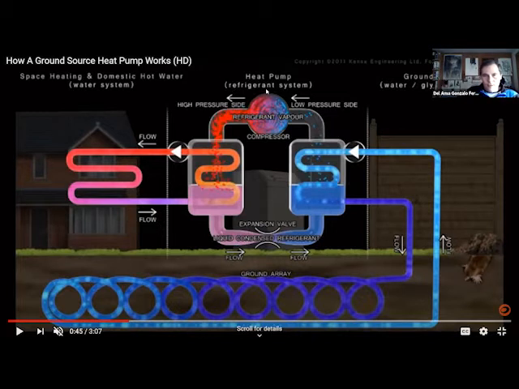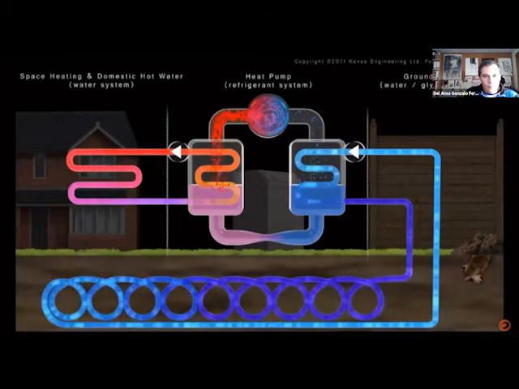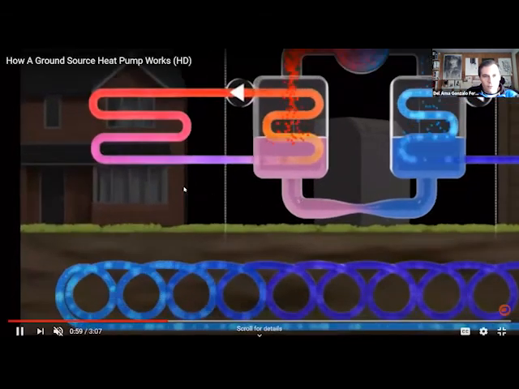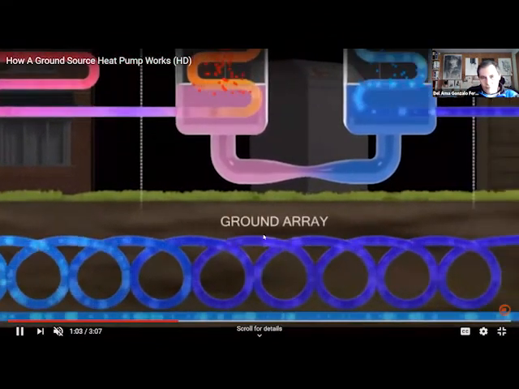Okay, so let's move it again, and this is what happens. First we will study the first closed loop inside the house, and then this is the second one, the ground array.